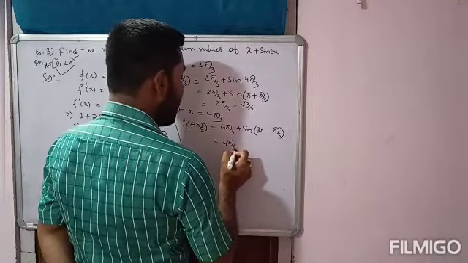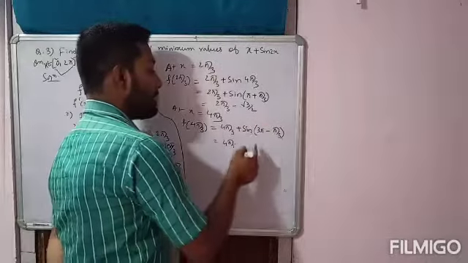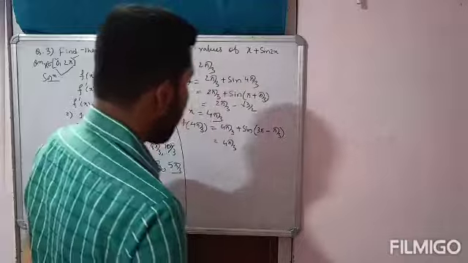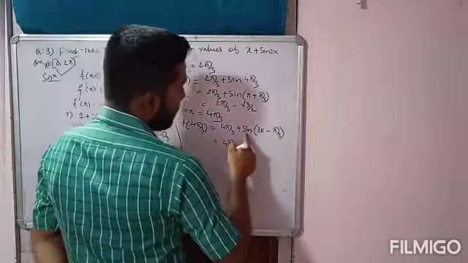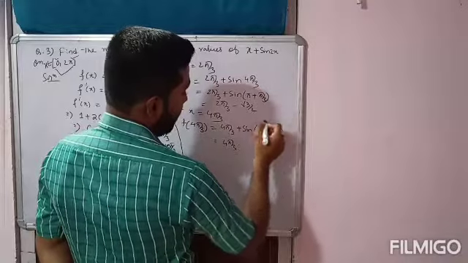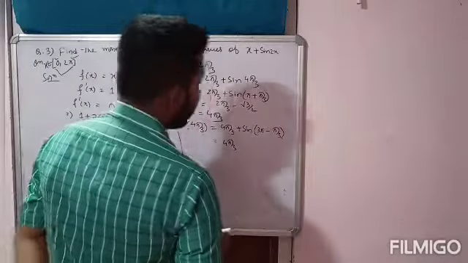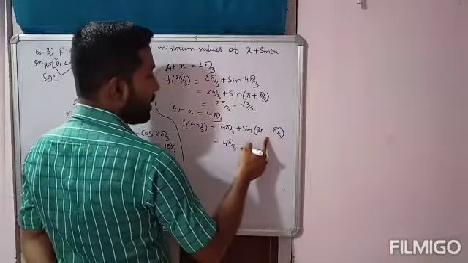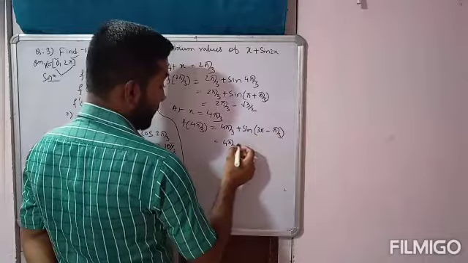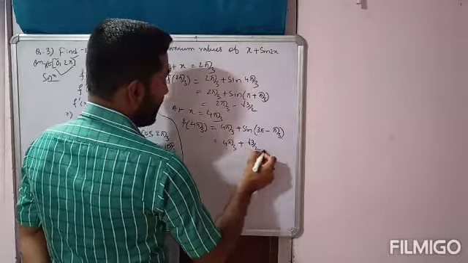So 3 pi means 540, 3 into 180, 540, 6 into 90. So it is in the second quadrant. So in second quadrant sign is always positive. So this is equal to plus sin pi by 3, that is root 3 by 2.